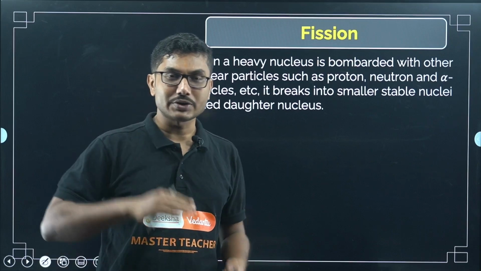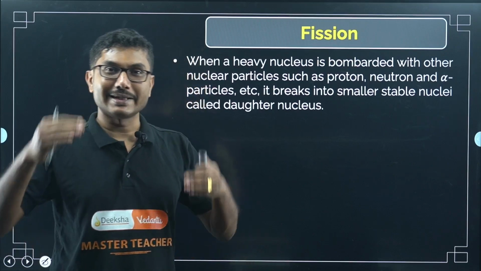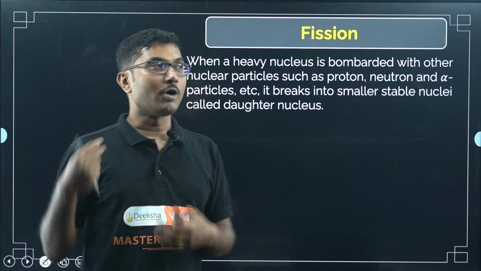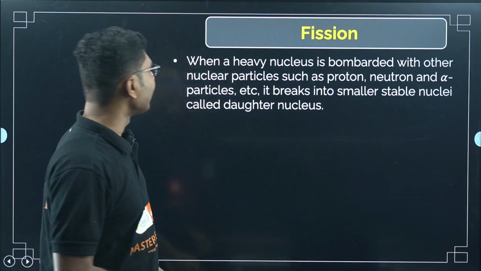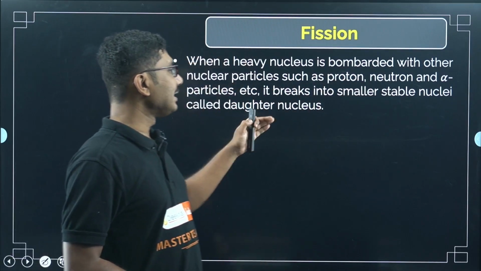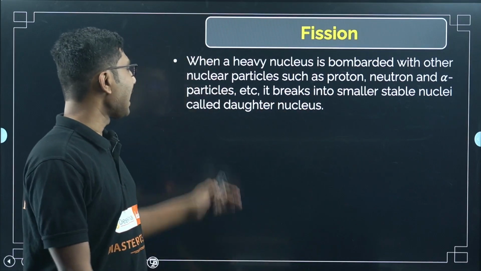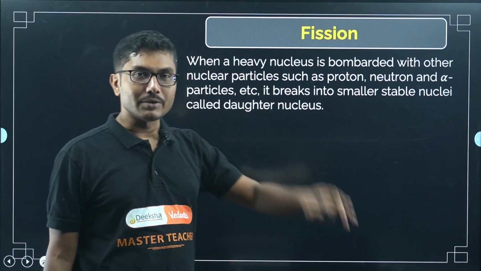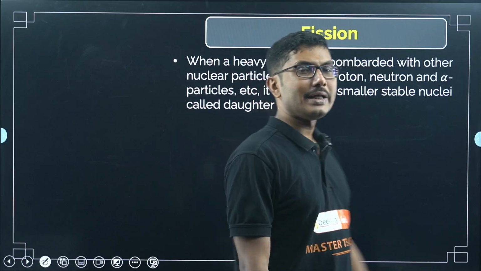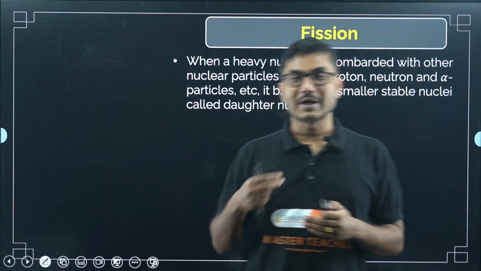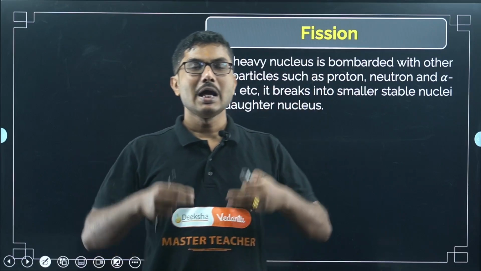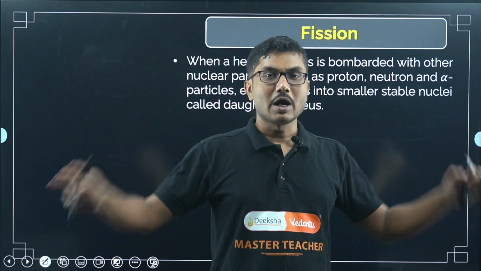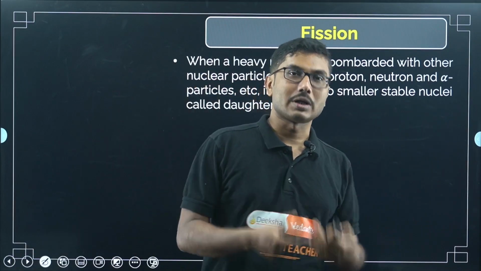Radioactivity is a natural process, but when we do that same process manually by bombarding nuclear particles such as proton, neutron and alpha particles, it breaks into smaller stable nuclei, and they are called daughter nuclei. It can be one nucleus, two nuclei, or more than two. After the decay process is over, whatever is left is called the daughter nucleus.